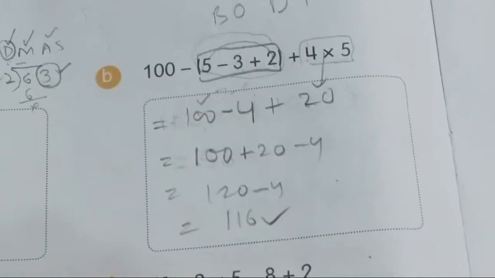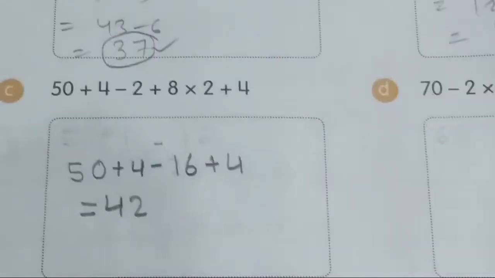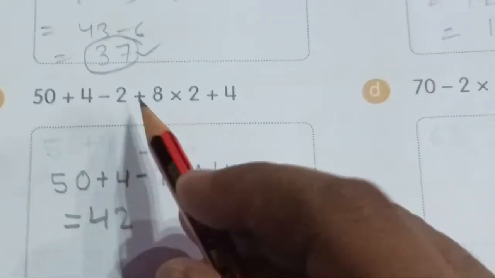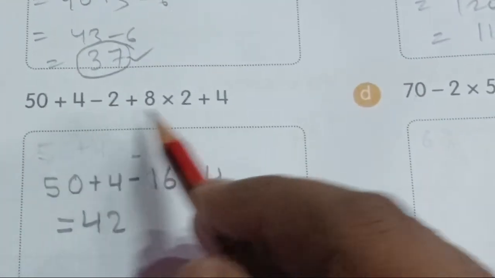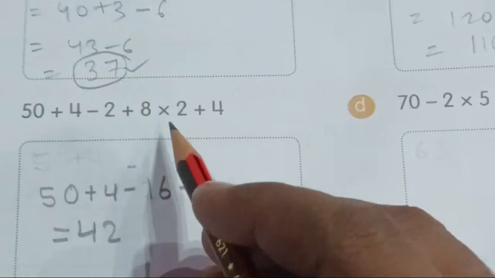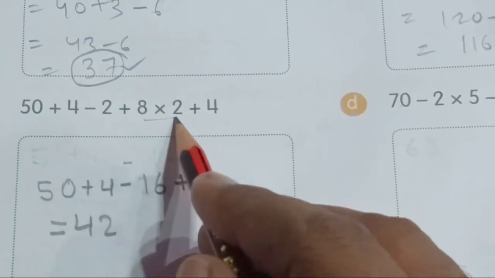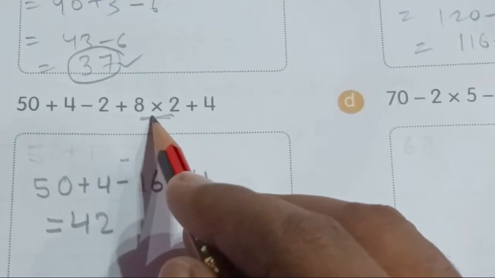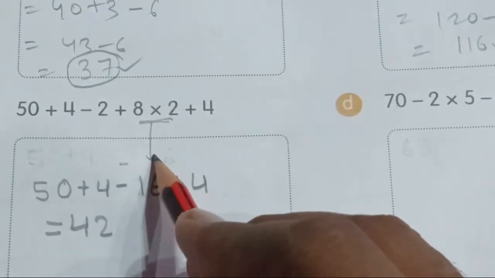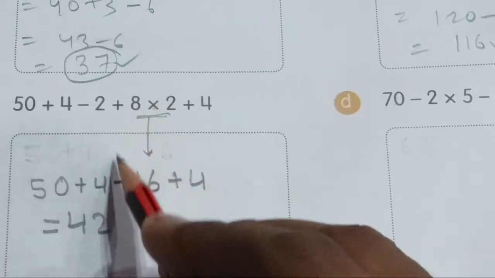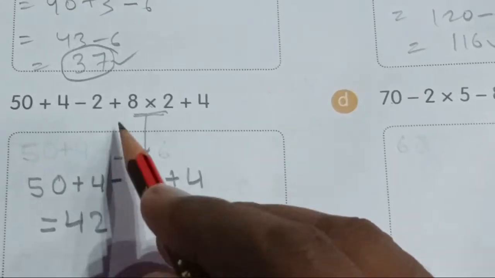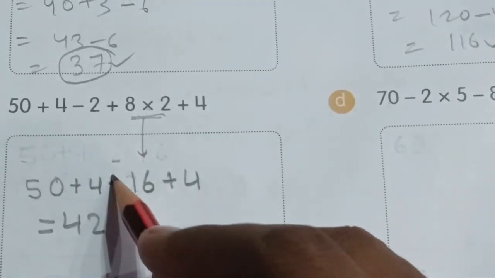Now if I come to this sum, according to BODMAS, there is not any division symbol or bracket. We have a multiplication symbol between these two numbers, so we will first multiply them. 8 2s are 16. Before this the plus was written, but she has written minus, so she has made a mistake here.